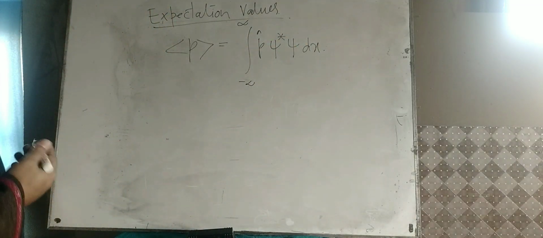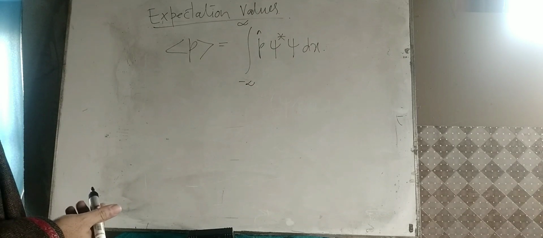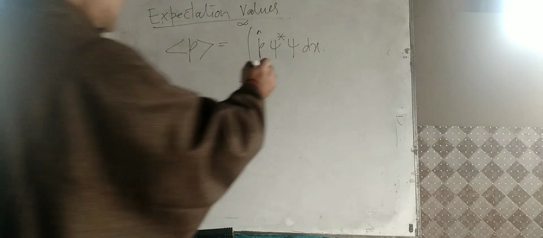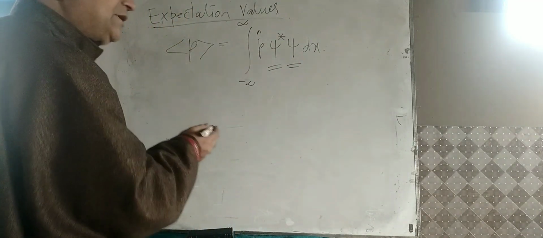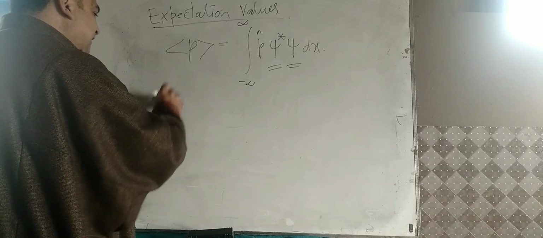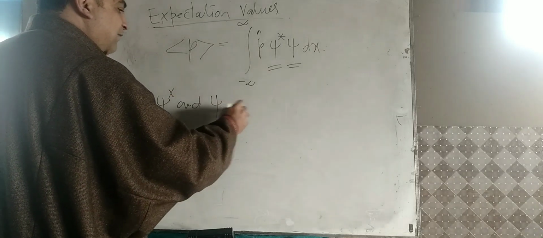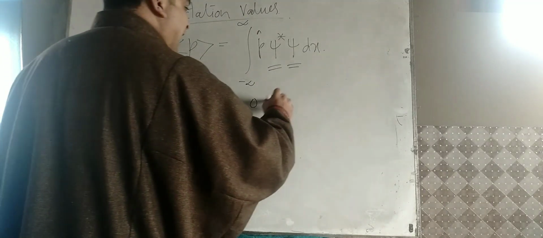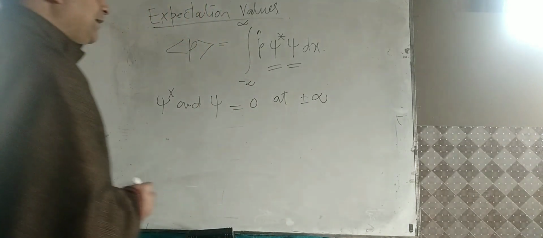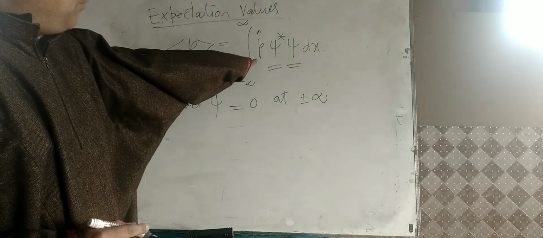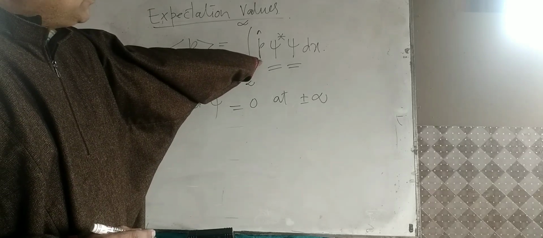Now, if we closely look at this configuration, we see that psi star and psi will both become zero at plus minus infinity. So placing the operator to the extreme left of this configuration is not the right choice.